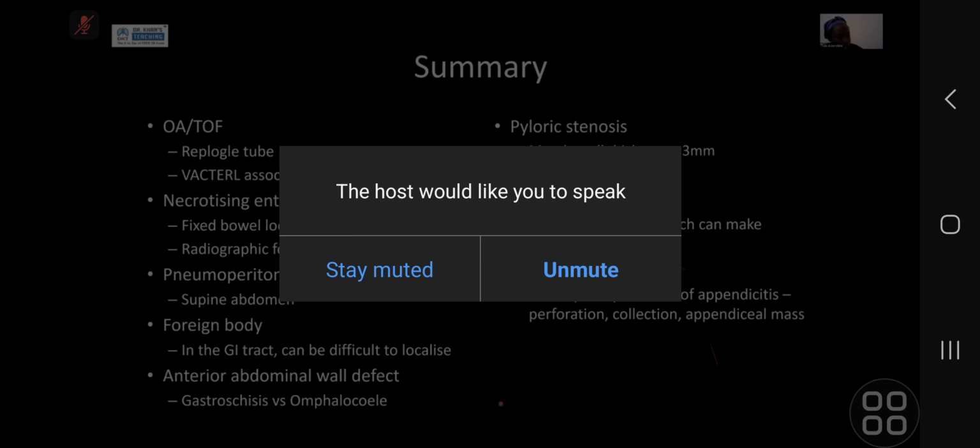We've talked about VACTERL associations: vertebral body anomalies, anorectal malformations, cardiac anomalies, tracheoesophageal fistula, esophageal atresia, renal anomalies, and limb anomalies. It's important that you review the initial radiographs to look for the vertebral body anomalies, the cardiac anomalies, and the limb anomalies, as well as identifying the esophageal atresia and the tracheoesophageal fistula if one is present.